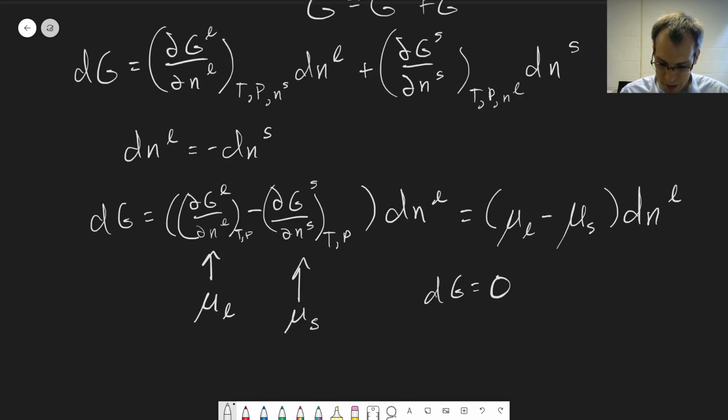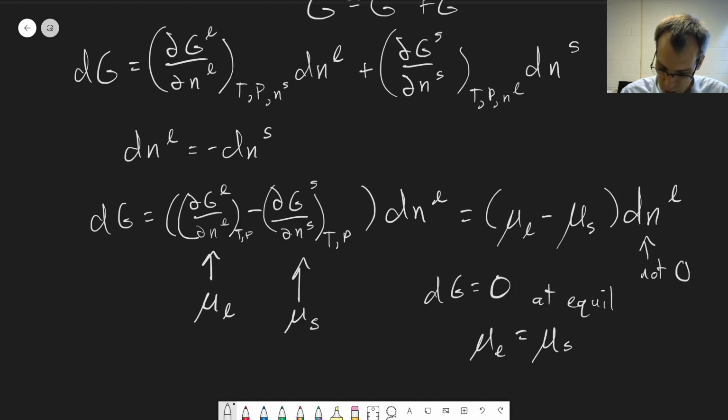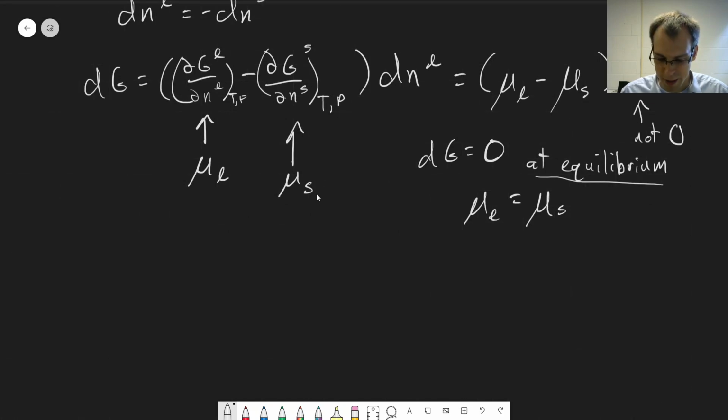And our moles of liquid can't change to zero, so that means mu L and mu S have to be equal to each other, right? So this is another way of looking at an equilibrium system: it's where chemical potentials are equal to each other.